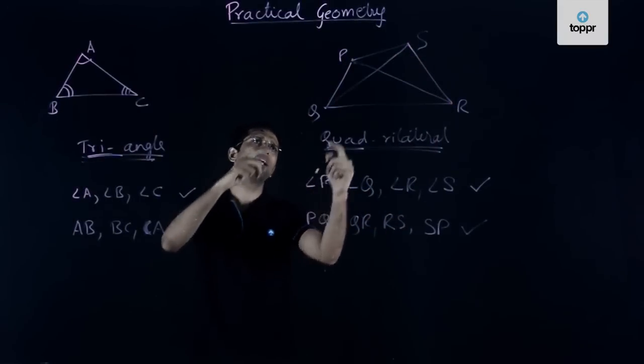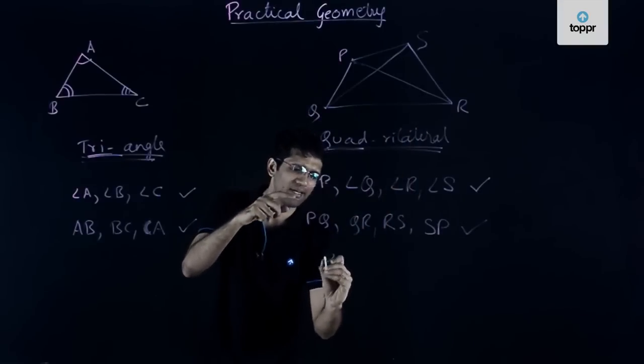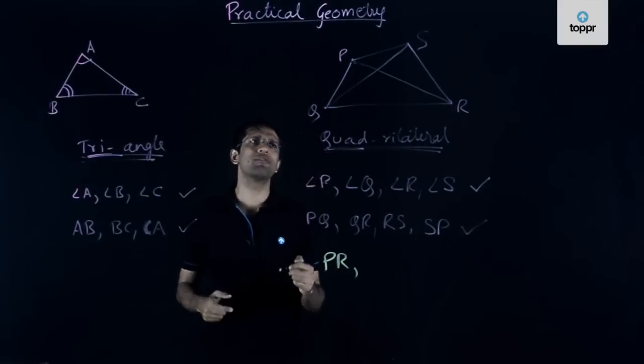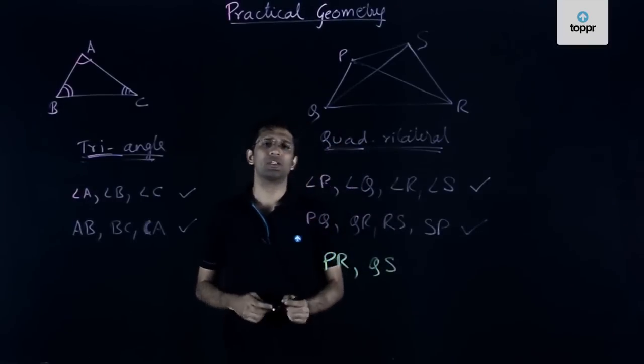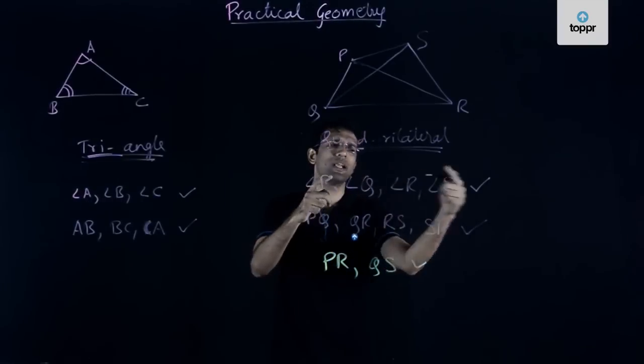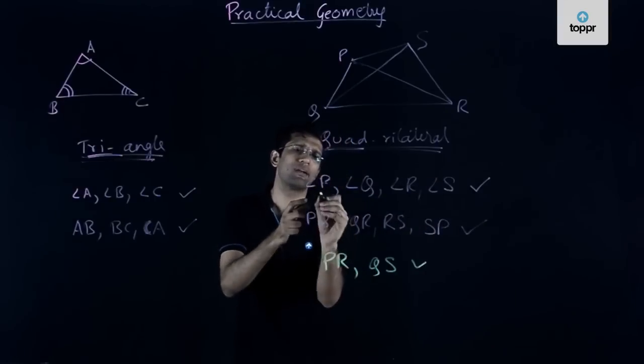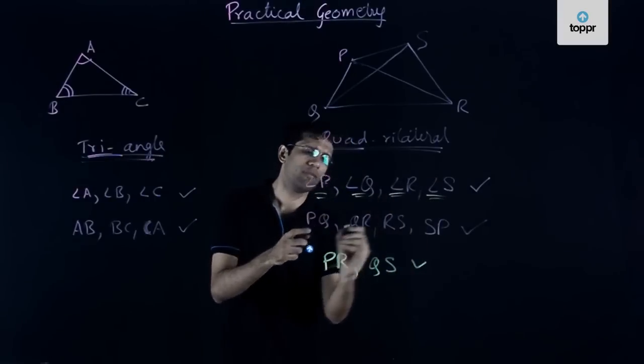So we can get the length of this diagonal PR, and we can also find the length of diagonal QS. Now if you count the total information that a quadrilateral gives us, we get 10 different pieces of information.